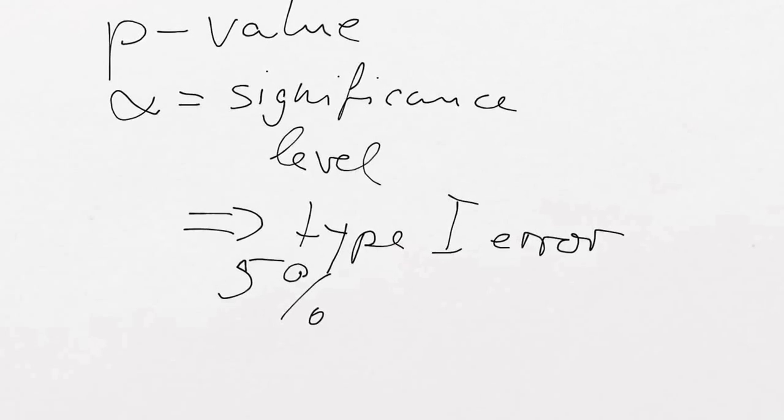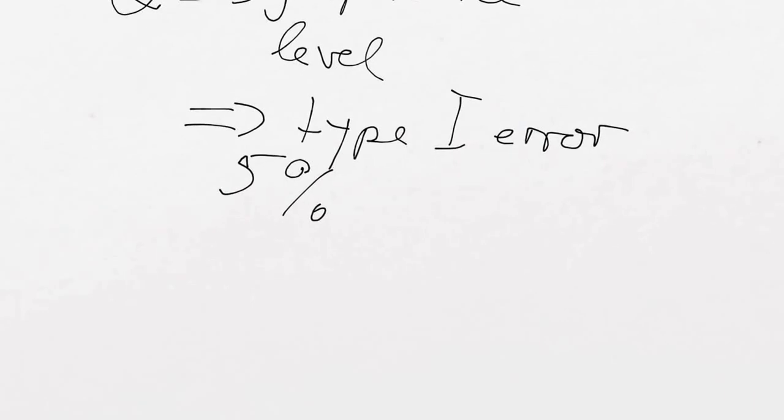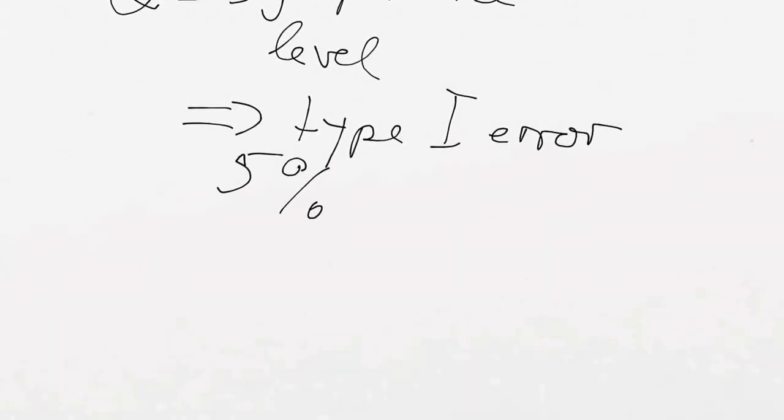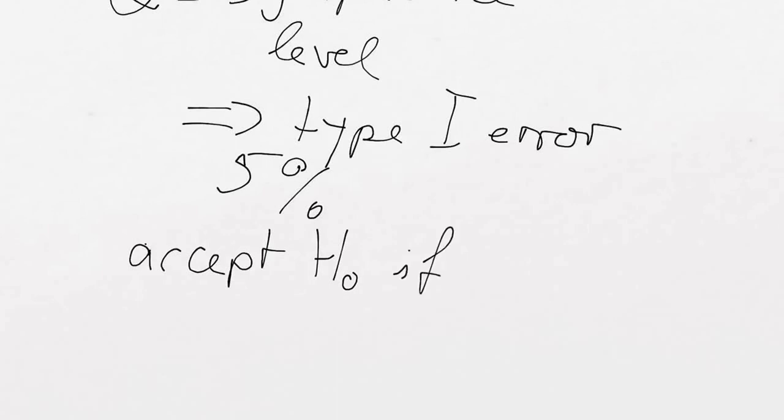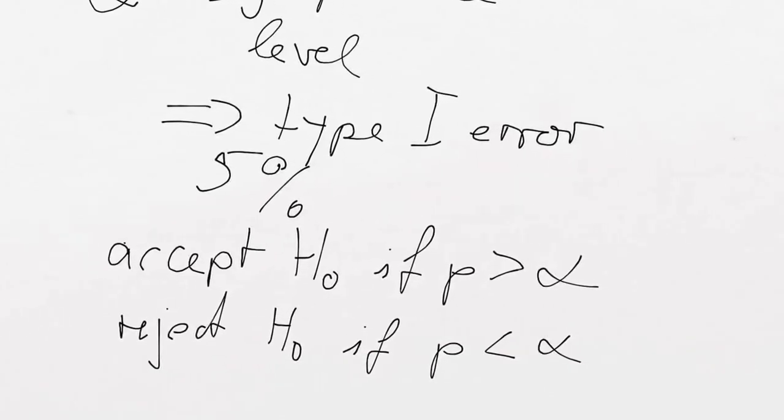And I told you, we accept the null hypothesis if the p-value is larger than alpha, and we reject the null hypothesis if the p-value is smaller than alpha. Okay?